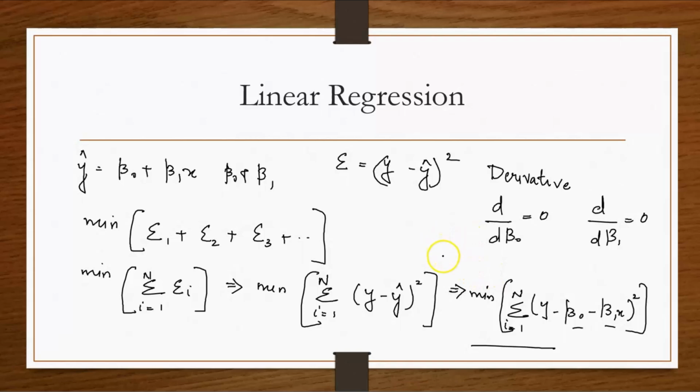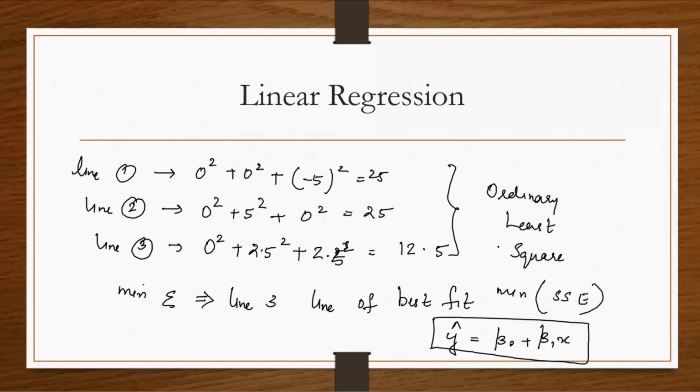That is, we are finding the minimum of the sum of squared errors by taking the derivative and equating it to 0 to find beta naught and beta 1, in the case of simple linear regression.